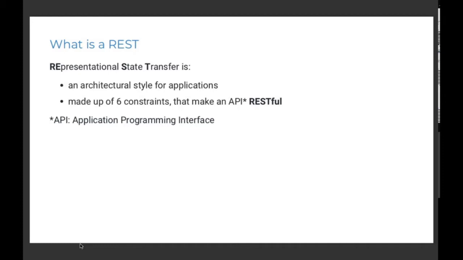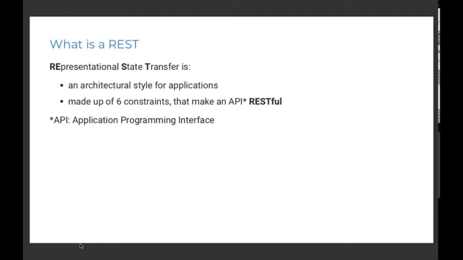It is made over HTTP but not necessarily needing to use HTTP. It is made up of 6 constraints, and if you do follow them, you are technically creating a RESTful API, or application programming interface.